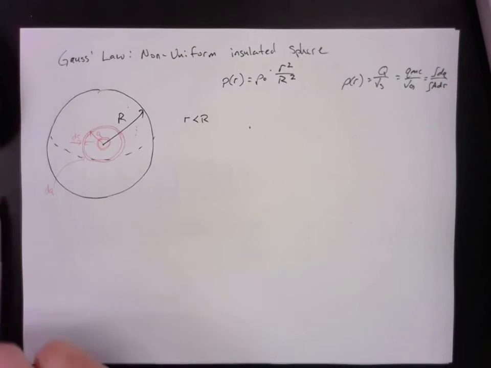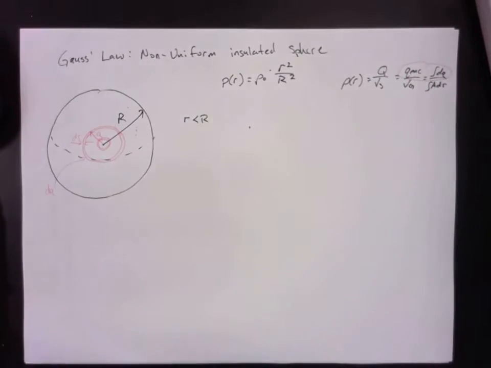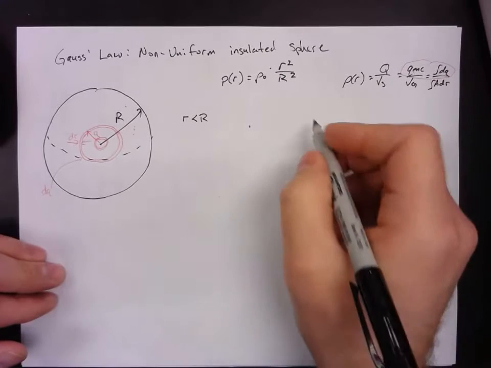So here the amount of charge enclosed is equal to the sum of all the little dq's.